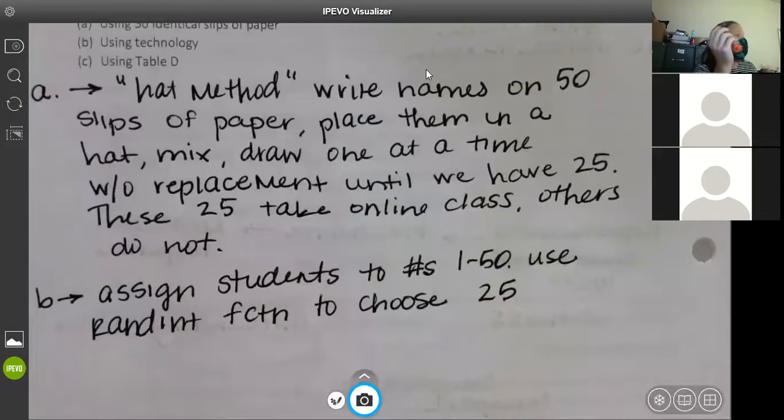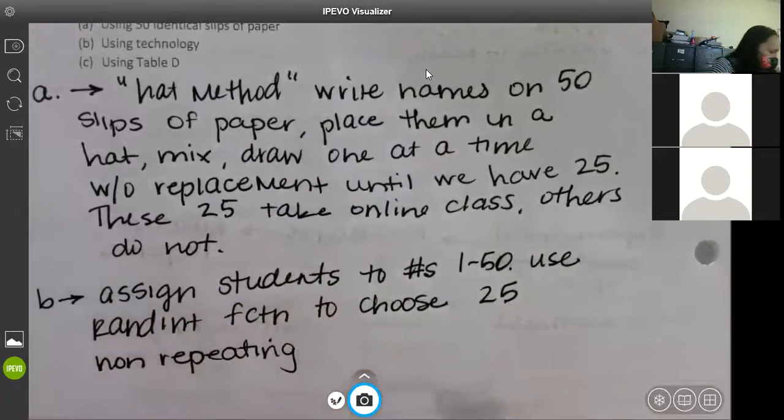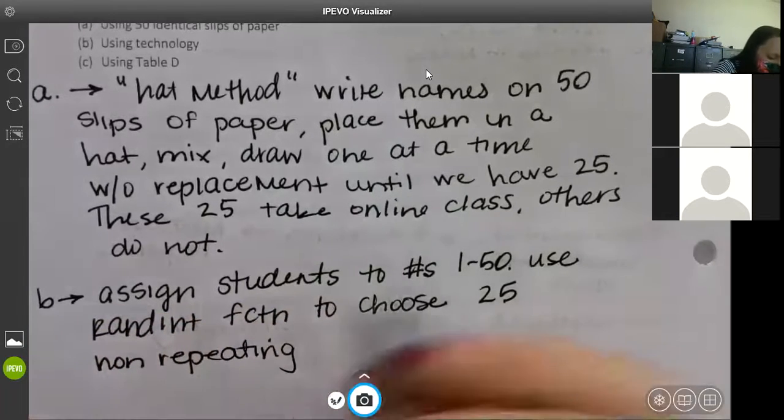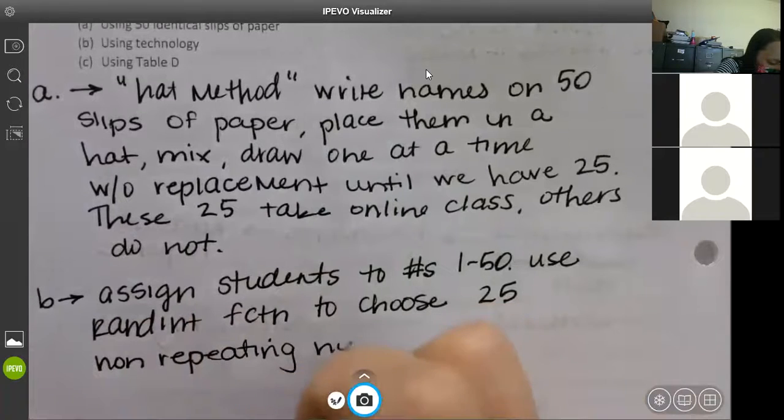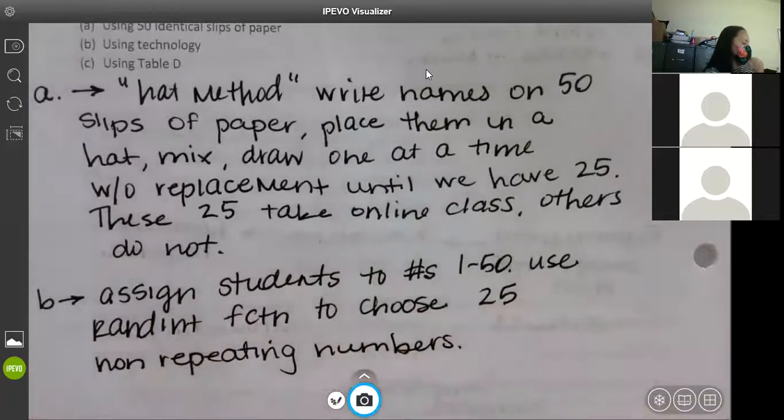Choose 25 without repeats or non-repeating, whichever way you say it, as long as you can tell me that they don't repeat. Choose 25 non-repeating numbers.